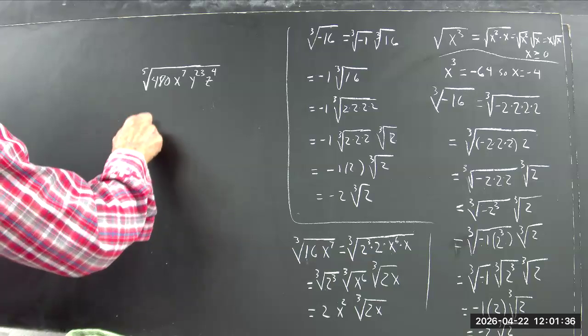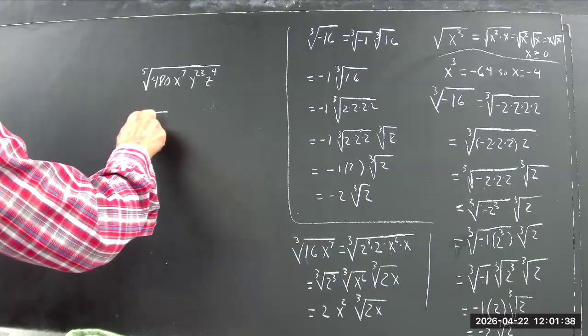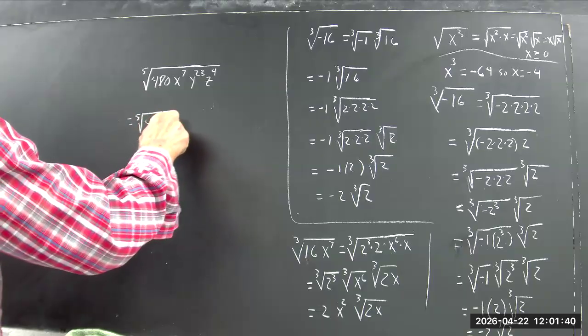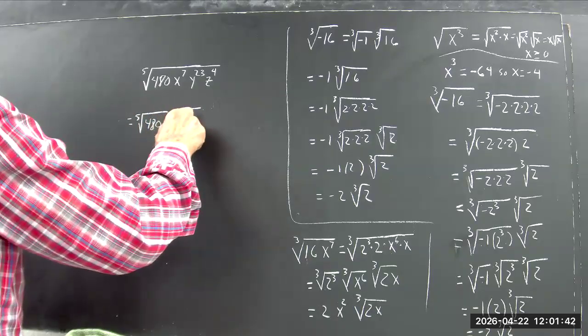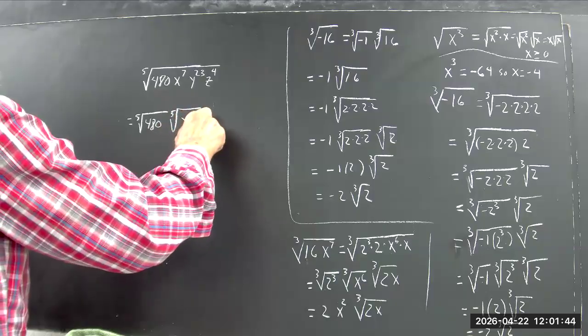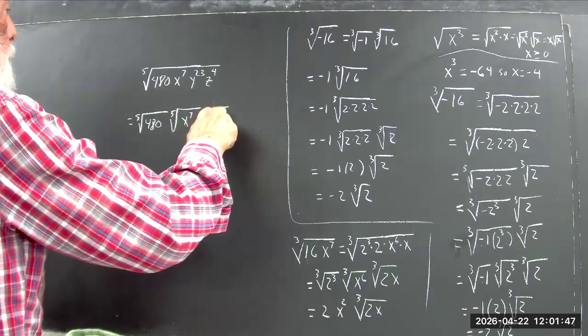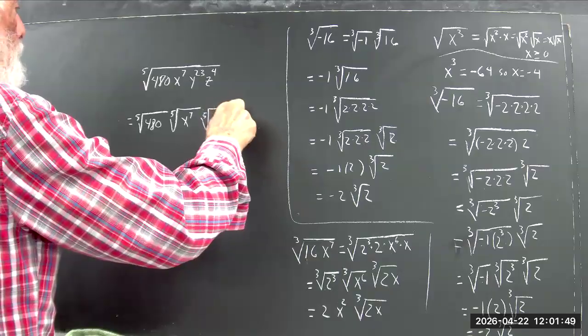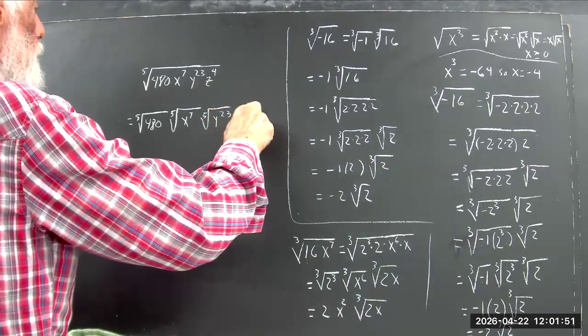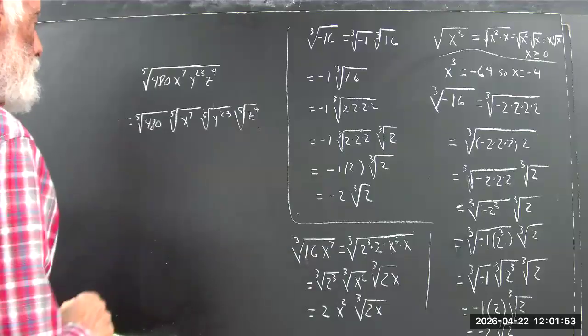An efficient way to do this is to write the 5th root of 480 times the 5th root of x to the 7th times the 5th root of y to the 23rd times the 5th root of z to the 4th.